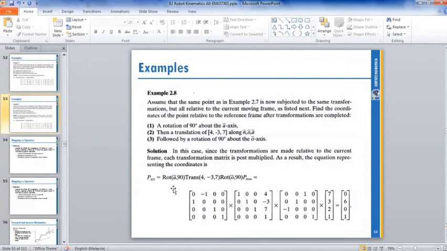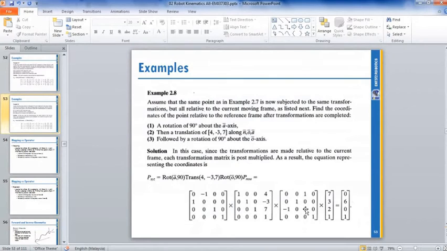This is step 1, this is step 2, and this is step 3. So you write, this is rotate, this one, and OA, this is Z, this is translation, this is Y.